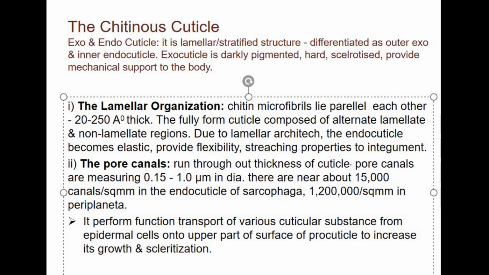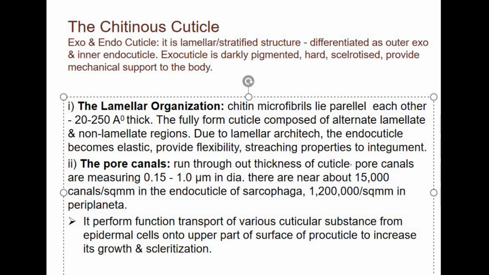Sometimes there is a partition at the site of branching, which is known as the pore plate. I already showed you in the figure the structure of the pore canal, pore plate and lamellar organization.